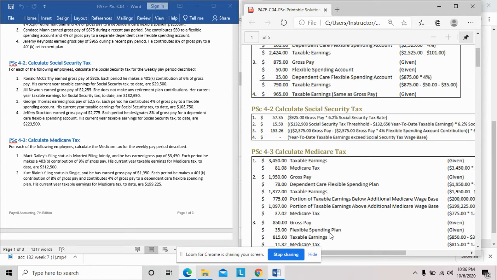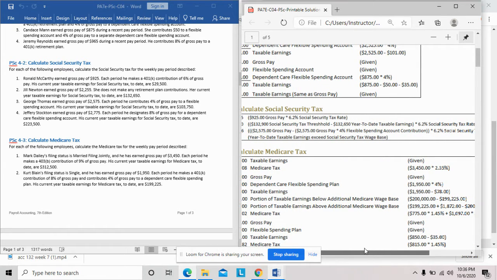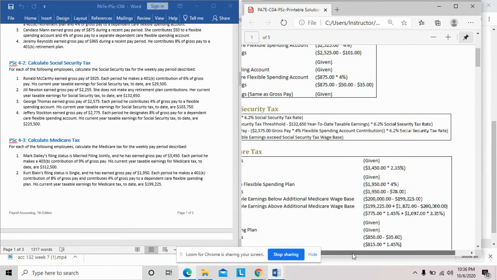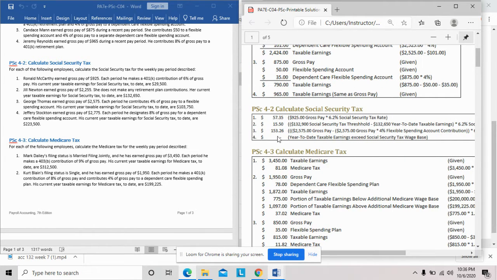If we look at the solution here, number three, we take the 2575 given gross pay, we subtract the 2575 gross pay multiplied by the 4% flexible spending account contribution, and then you multiply that by the Social Security tax rate of 6.2%. That gives me a Social Security tax of 153.26.